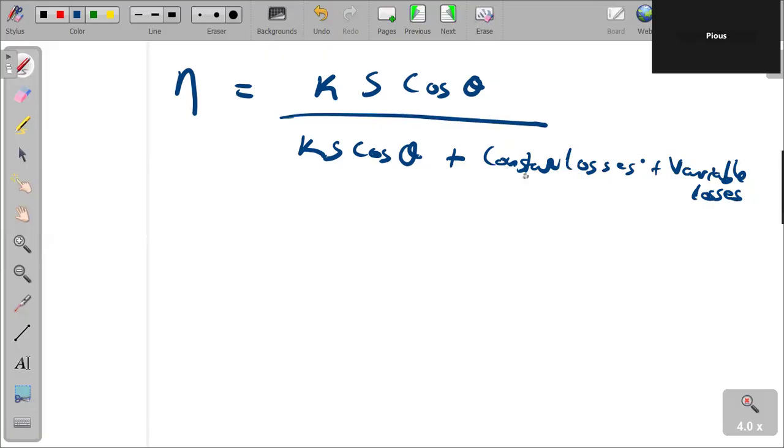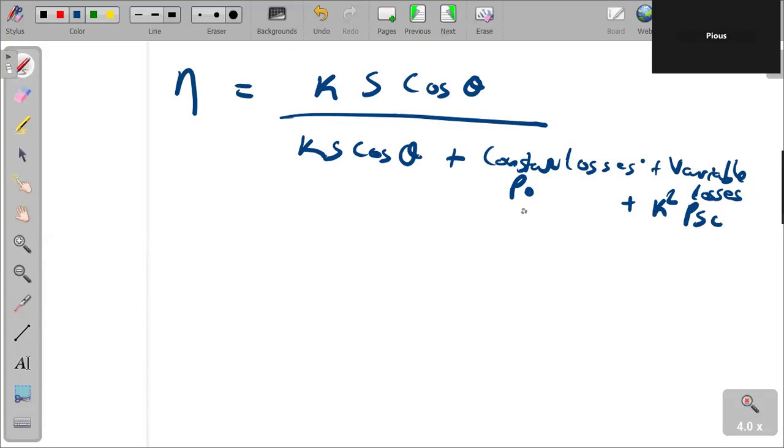The constant losses are the open circuit power, P O, and the variable losses are given by K squared multiplied by the short circuit power, PSC, right?